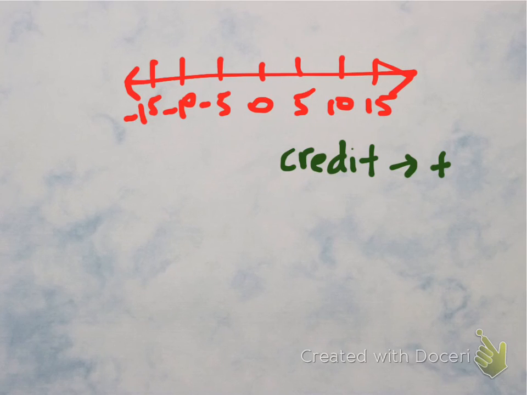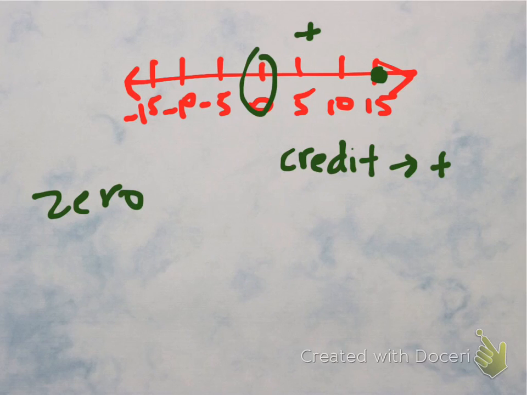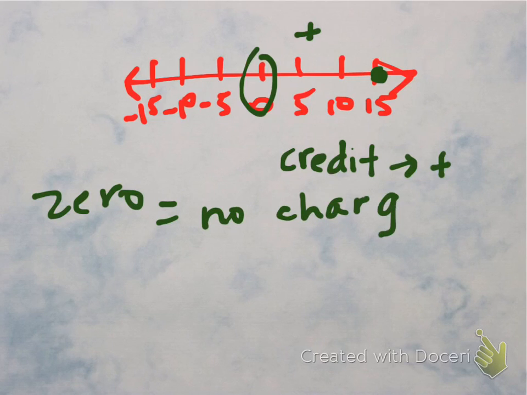If somebody gives credit to your account, that means you have that money. So in this case, credit would be labeled in the positive direction, so that's on the right of 0. If they were to ask us what 0 means in this situation, 0 would mean that there's no charge in the balance. If 0 represents no charge, there was no money given, no money taken out.